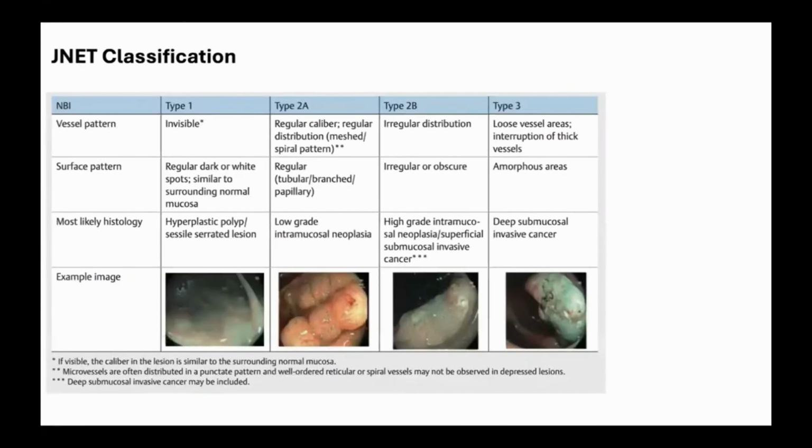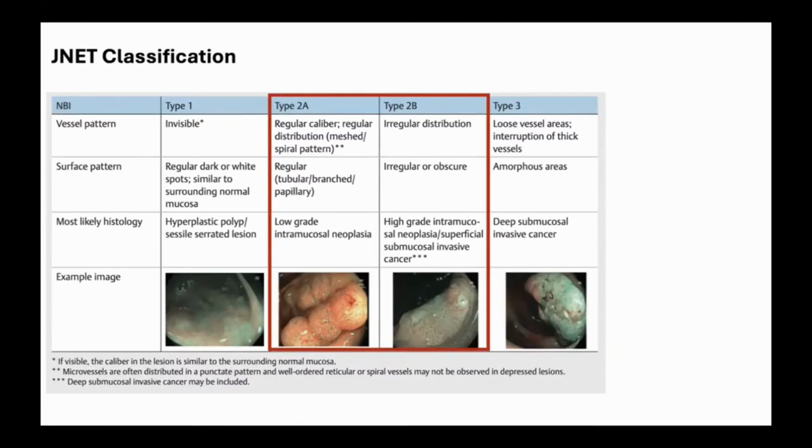In terms of pit pattern, we use different classifications. The Kudo one is the most used, but we also use many a time the JNET classification, which is nowadays more simplified. So type 2A is usually low-grade dysplasia, and type 2B is high-grade dysplasia or superficial submucosal invasive cancer.